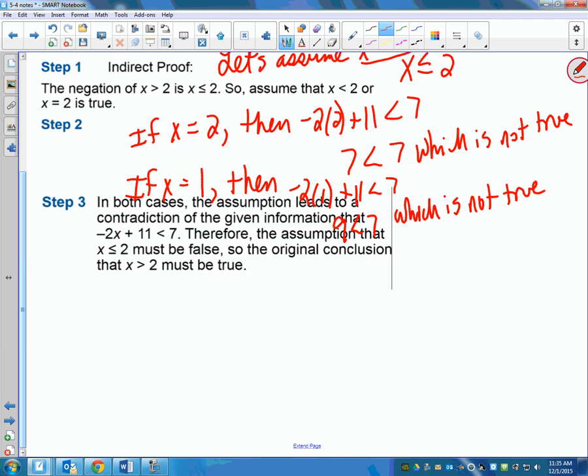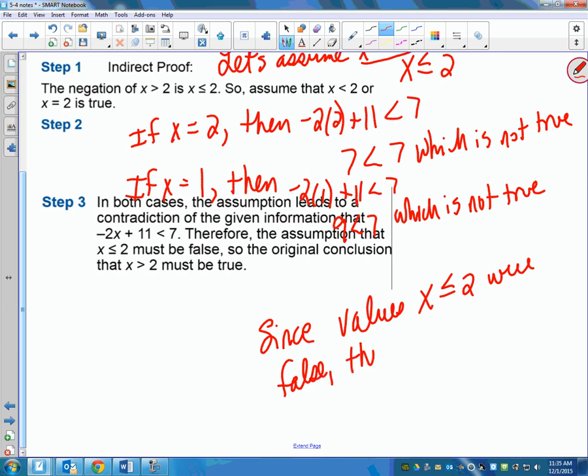Right now, if I could write all that word, I would say, since values where x is less than or equal to 2 were false, then the only option is that x is greater than 2. That's a proof by contradiction.